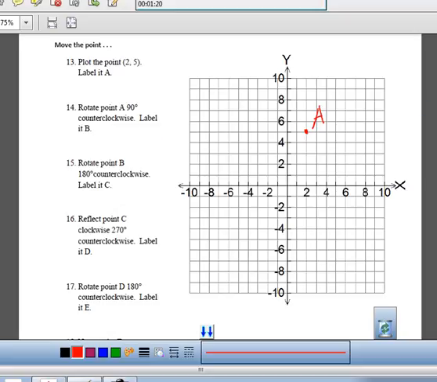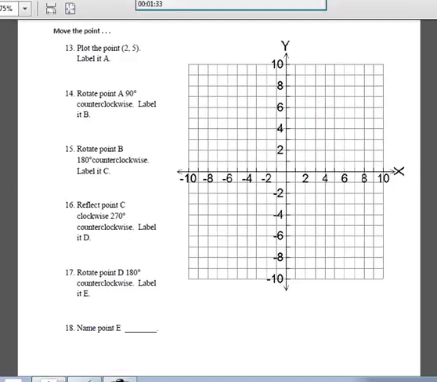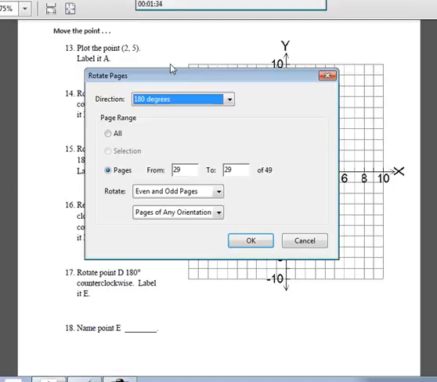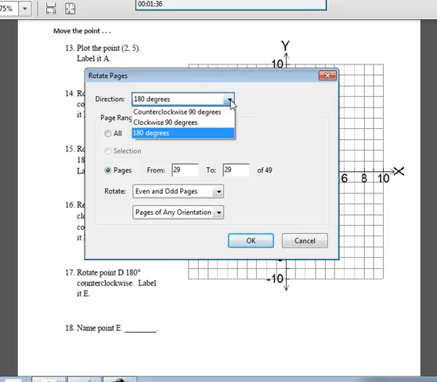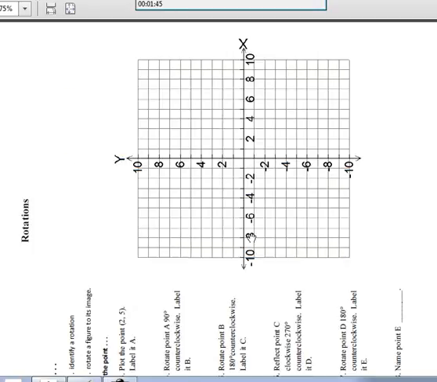Alright, so I want you to understand what that means. If you take your paper and turn it 90 degrees, what did we say, counterclockwise? It's going to look like this. Now, where is A? I know we plotted it at 2, 5, but if you look at it, it looks like it's at 5, 2.